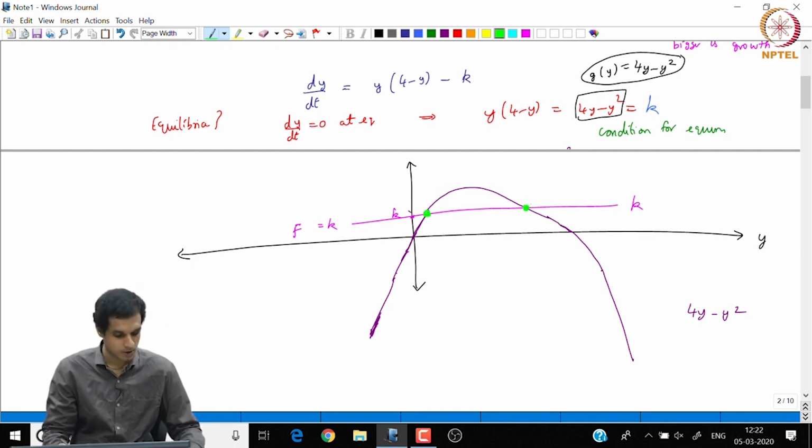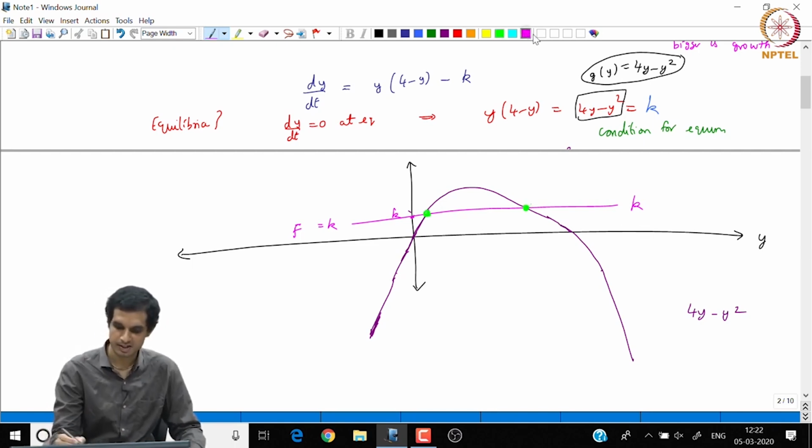But do we always get two equilibria? No. As k increases, this line shifts upward. We see that the equilibria get closer and closer.